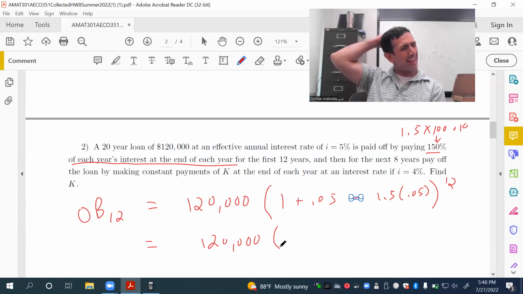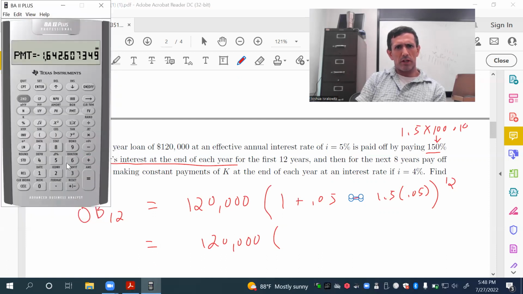Some people made a table. So they correctly said, well, all right, so what's the interest in the first year? 120,000 times 0.05 is 6,000. So if we're paying, actually, people made a table.